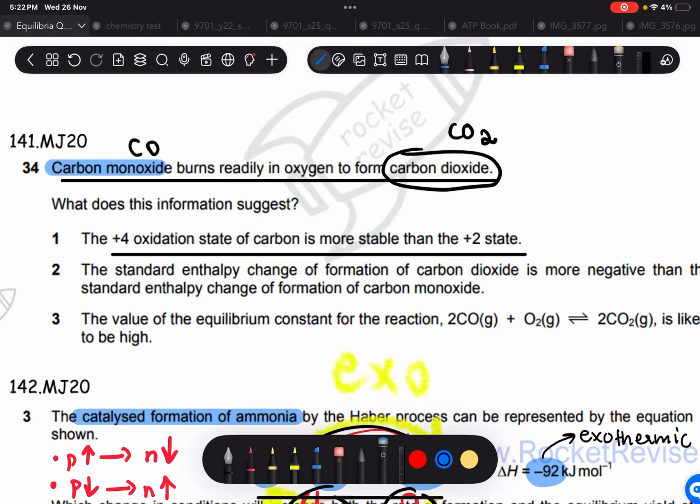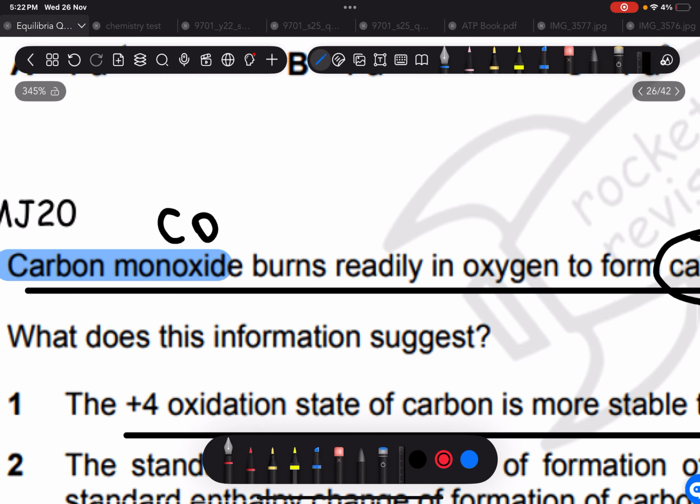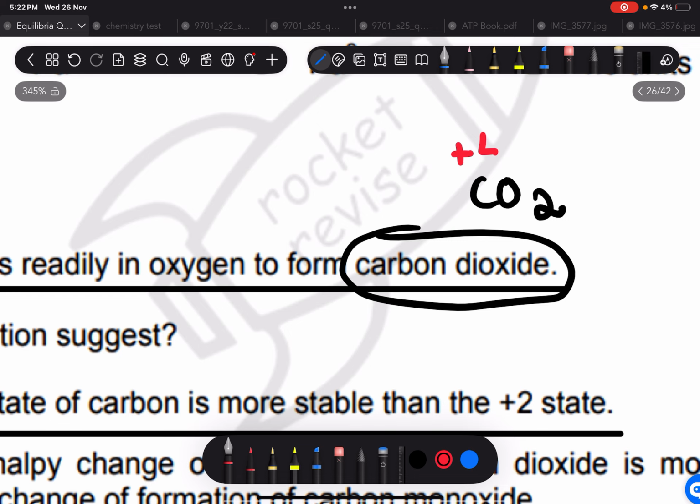Okay? But this information, carbon monoxide and carbon dioxide information, does not suggest it, because in carbon monoxide the oxidation state of carbon, look, is going to be +2, and over here it's going to be +4. Why +4? Because oxygen is -2 and you have 2 oxygens, so -2 times 2 is going to be -4.